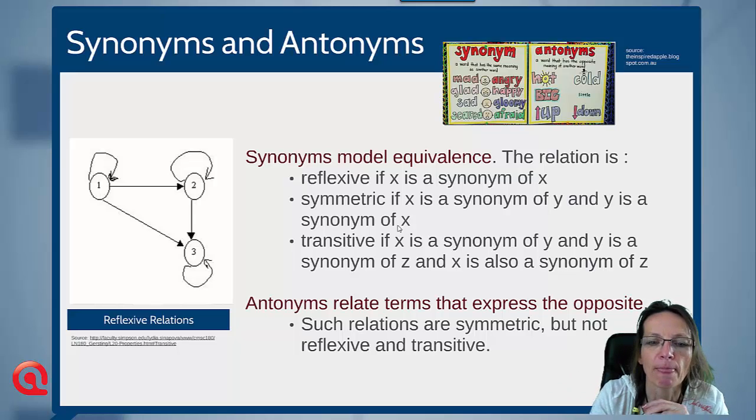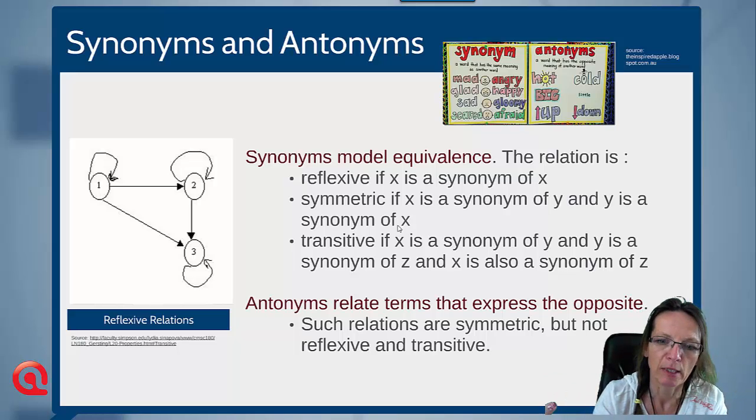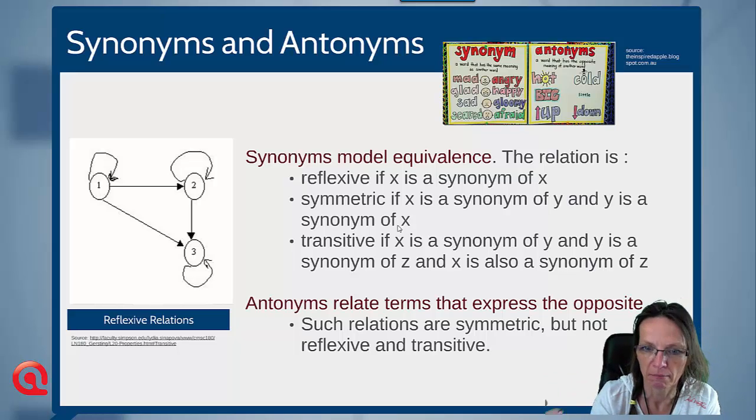Antonyms, they relate terms that express opposites. We had that before, and such relations are symmetric but not reflexive and transitive, because they don't reflect on each other. They refer to each other. Being dead is not the same as being alive, so they're opposite. But you can say being dead is not being alive, and alive is not being dead.